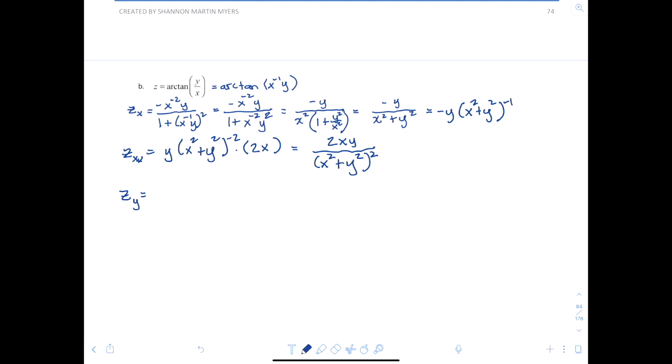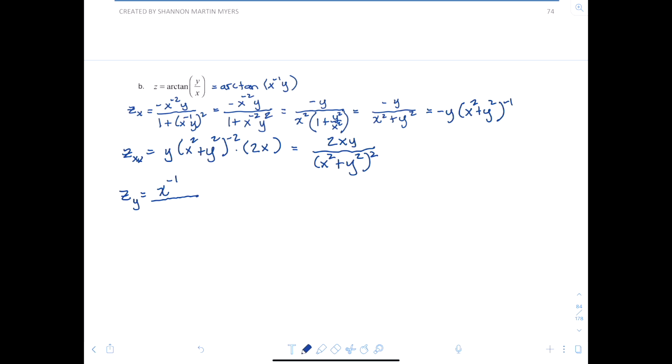Zy is going to be, beautiful, the derivative of x to the negative 1 times y with respect to y, that partial derivative, is just going to be x to the minus 1, and then over what?